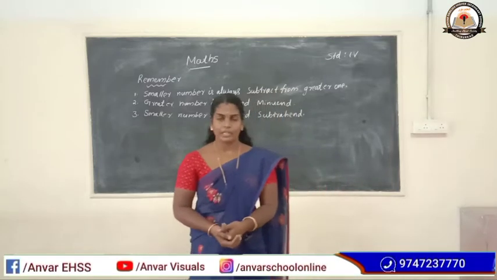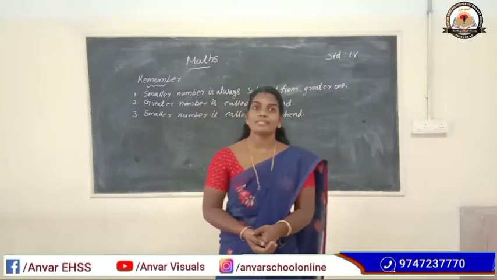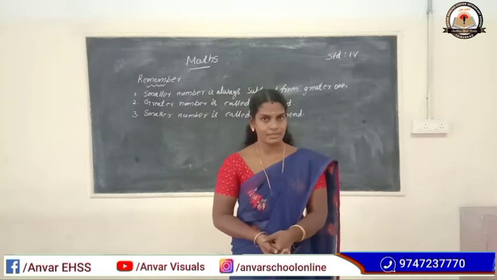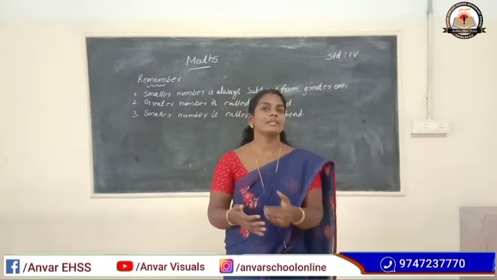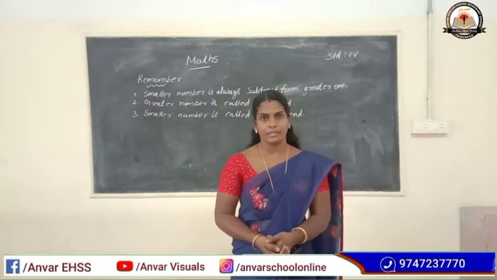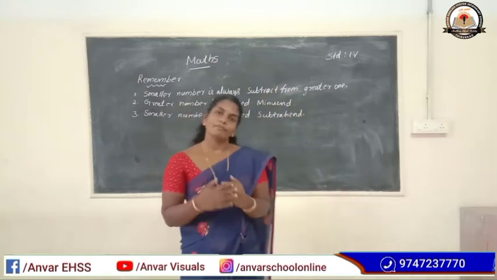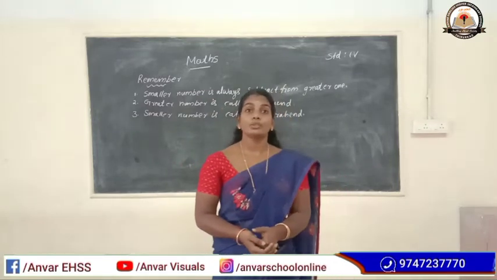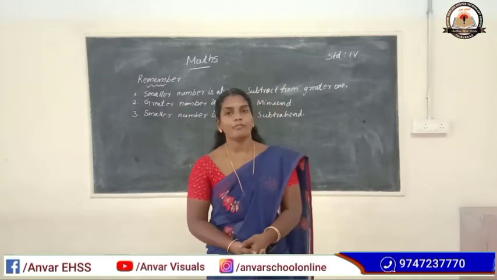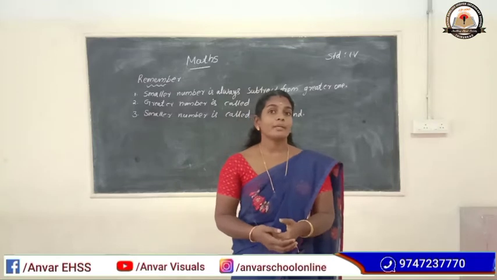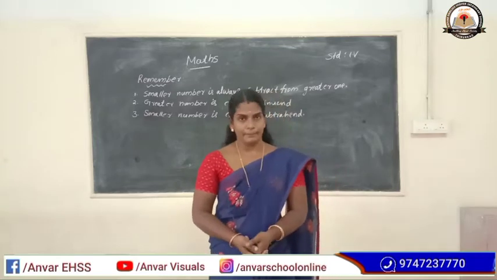Before doing subtraction, we need to remind some points related to it. First, before subtracting, we need to remember one thing: always subtract a small number from a big number.